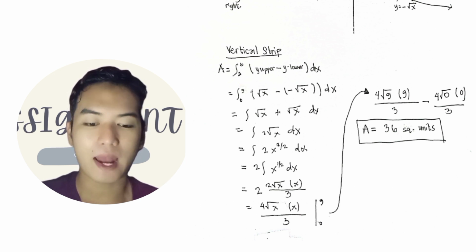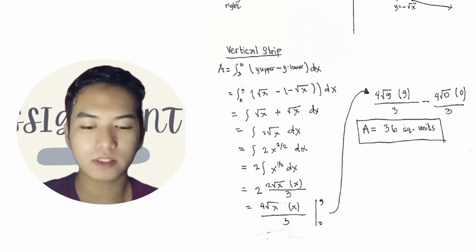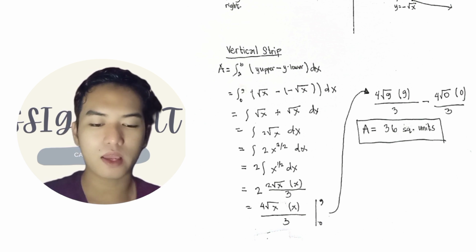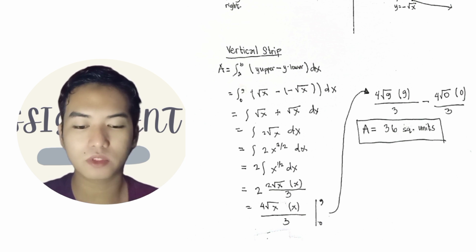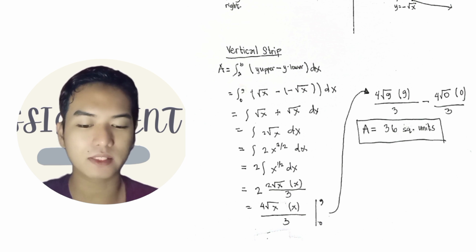We will combine like terms, that is the square root of x, so we have the integral of 2 square root of x dx. Then transform the function: 2 times x to the 1/2 dx.